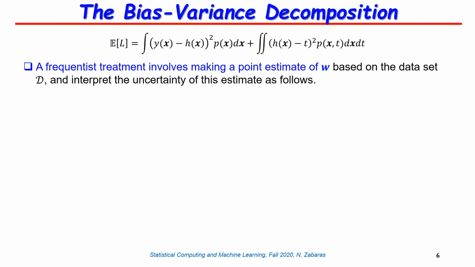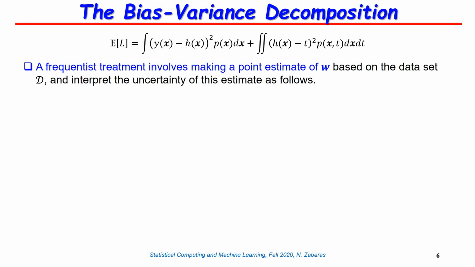The uncertainties that you see in this type of problem in a frequentist setting have to do with the fact that you compute the optimal parameters w by optimizing your algorithm using different training data sets D. So when you see variability in w, and thus variability in the regression function, you have to interpret it as variability induced by different training data sets D. This is what statisticians call the bootstrap data sets.